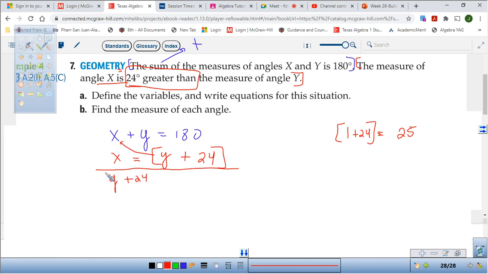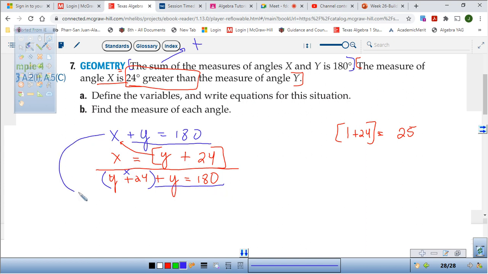See this x? That's this part right here. Plus y is equal to 180. So in case you can't see what I'm doing here, all of this is all of this, this x part right there. See, this is my x. X plus y is equal to 180.